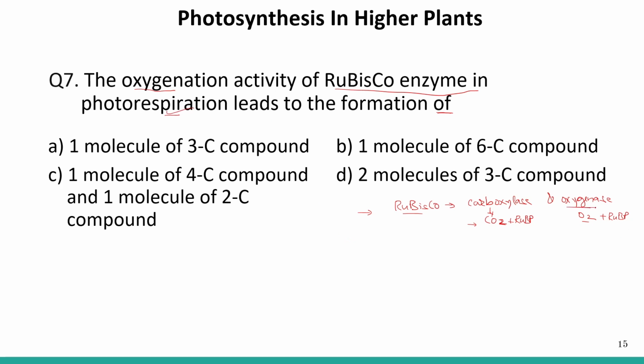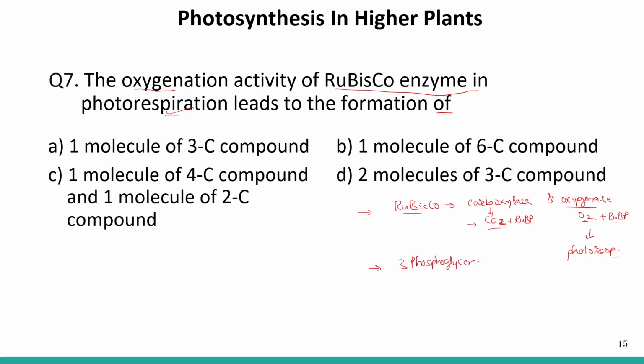So if we talk about the oxygenase activity of Rubisco, then we are talking about photorespiration. So what are the products here? When Rubisco binds with oxygen instead of carbon dioxide, the products are one molecule of 3-phosphoglyceric acid.